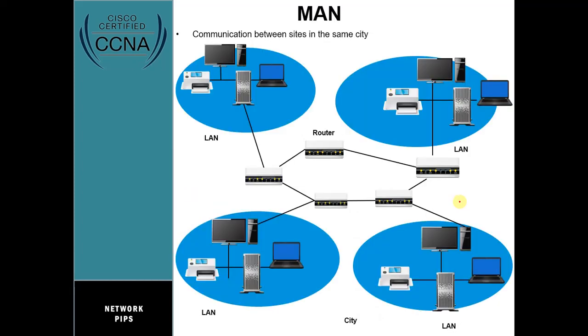We also have MAN, metropolitan area network. This is communication within an area or a city. A very good example might be a bank, for example Access Bank or Zenith Bank. Maybe they have multiple branches in Lagos, and they need communication within those branches in Lagos. That is what they call a metropolitan area network.